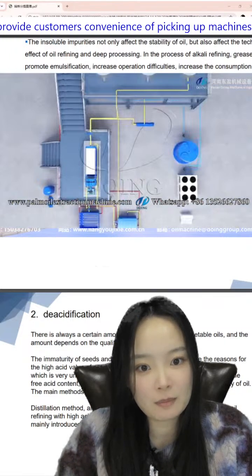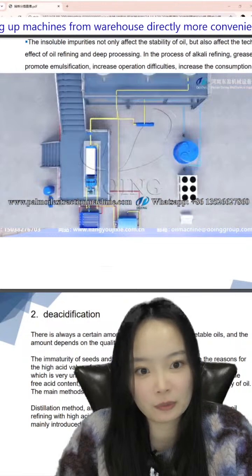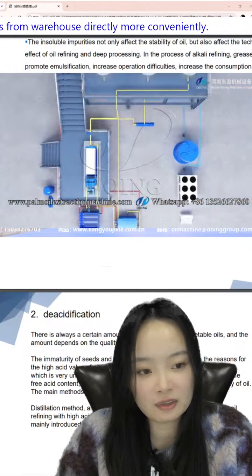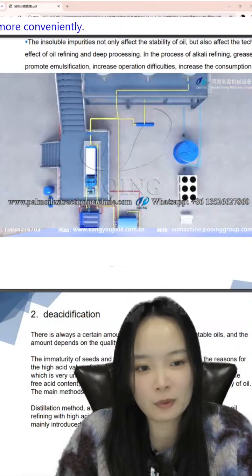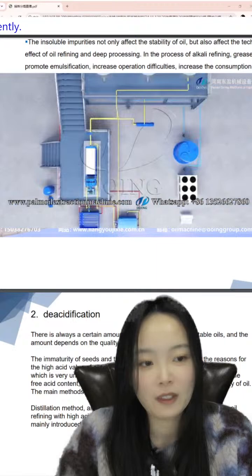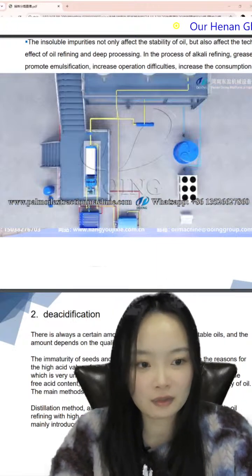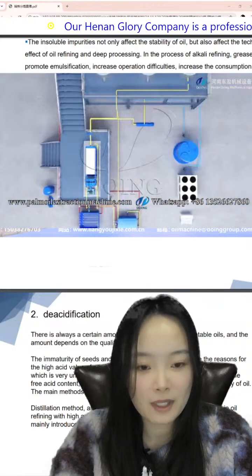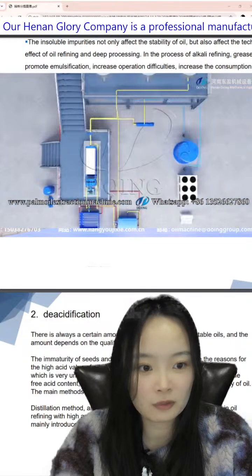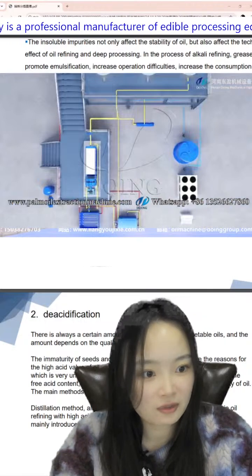The impurity of seeds and the high breakage of oil seeds are the reasons for the high acid value of oil, especially under the condition of high moisture, which is very unfavorable to the preservation of oil, will increase the free acid content, reduce the quality of oil, and worsen the edible quality of oil. The main methods of acid removal are alkali refining and distillation.